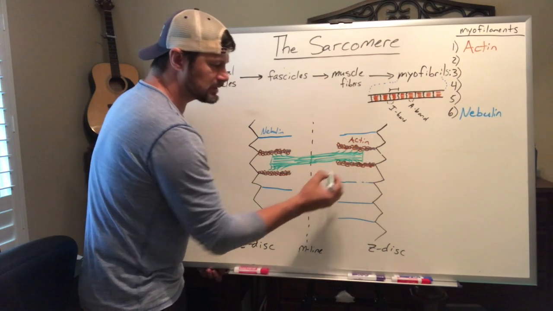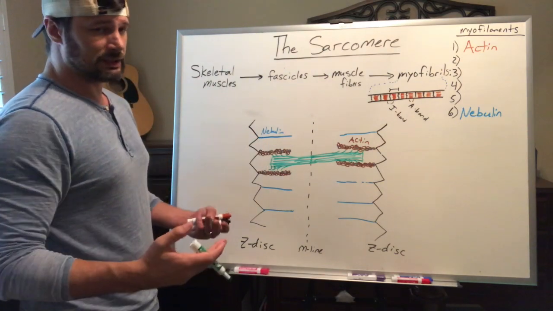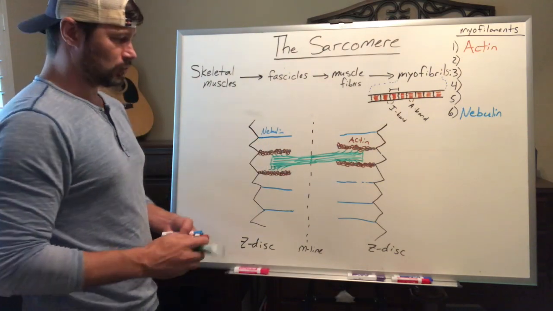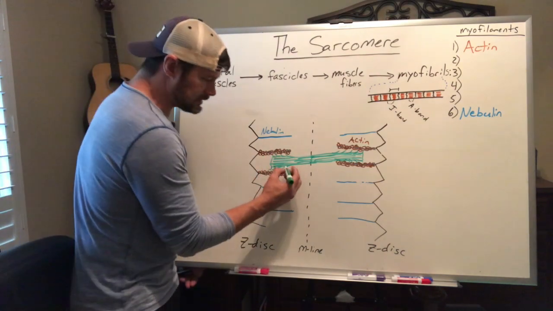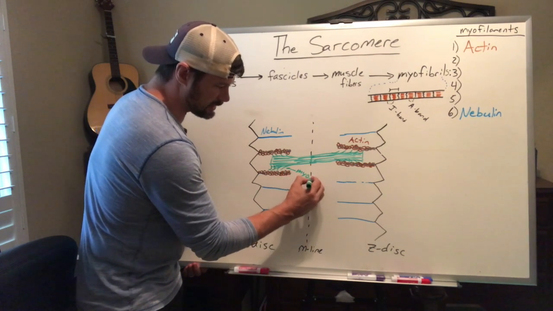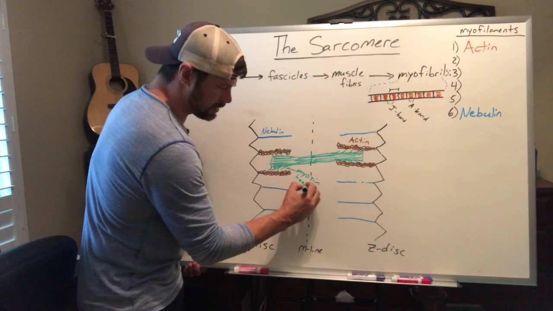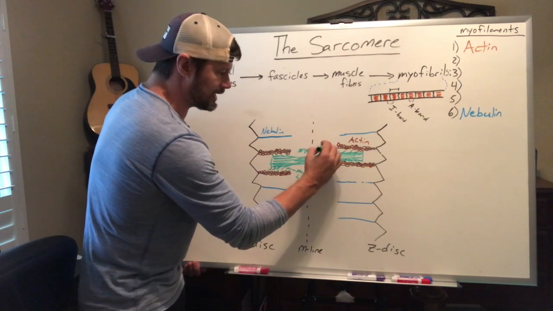Again, we're just basically covering the anatomy of the sarcomere today. Each one of these is going to have a function as well. This right here is a myosin head, whereas the rest of this is myosin tails.